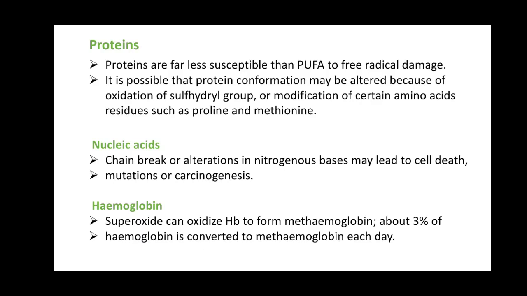And other than the cell membrane, proteins, nucleic acids, and hemoglobin are also affected by free radical generation. Proteins are far less susceptible than PUFA to radical damage, and it's possible that protein conformation may be altered because of the oxidation of sulfhydryl groups or modification of certain amino acid residues such as proline and methionine.